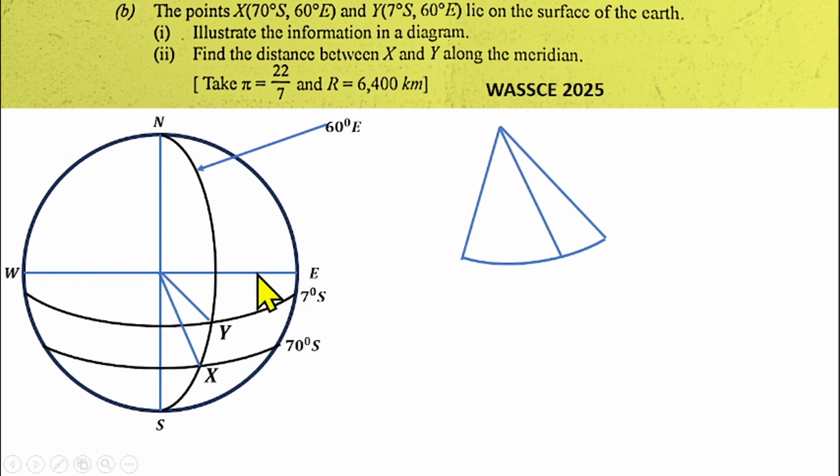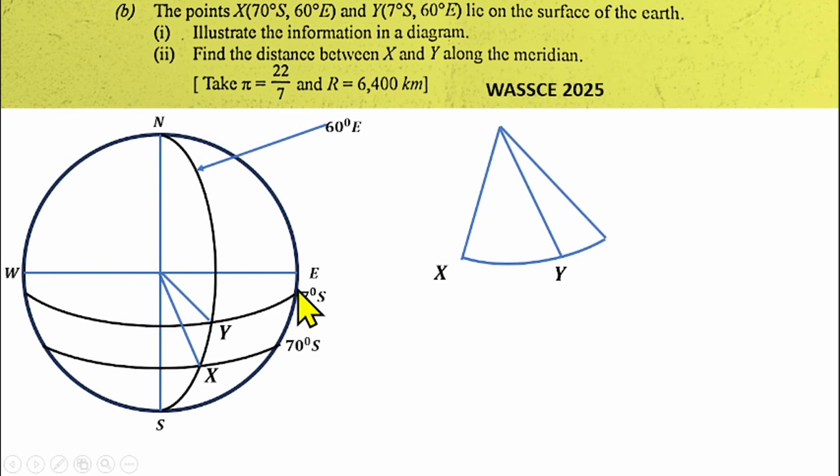So this line will be the origin. Sorry, this will be our Y rather, and this will be our X. So we have our X here, we have our Y here, and this line will be our origin, because 7 is closer to angle 0 here than 70.